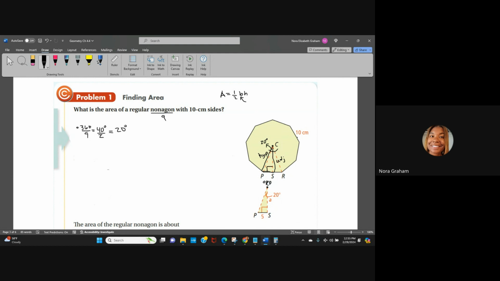If I add 10 and this is a nonagon, so 9 times 10 is going to give me my perimeter. P equals 9 times 10. Okay. And I'll just write this is going to be our P. All right. So that equals 90.